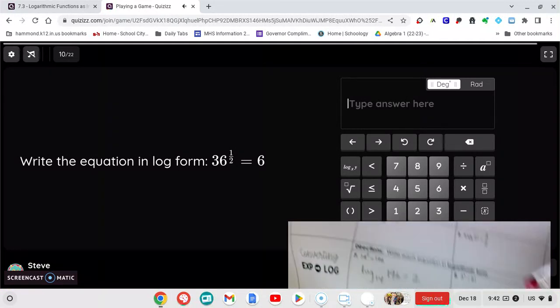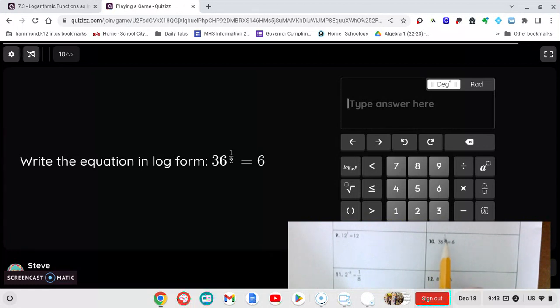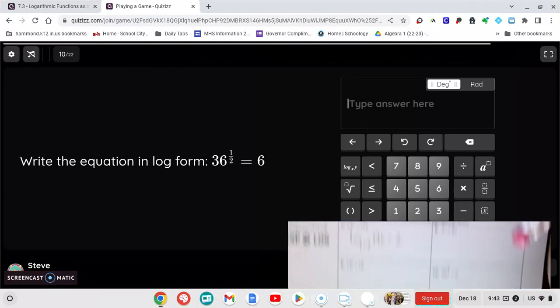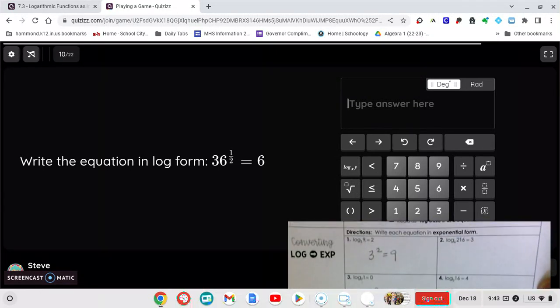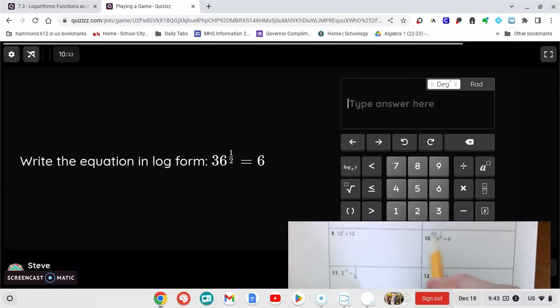Let's try one more. This one is going to look a little bit different. This one has a fractional power: 36 to the 1/2 power equals 6. Unlike 3 squared equals 9, our first example, it's not easy to simply look at these numbers and see the relationship between them.